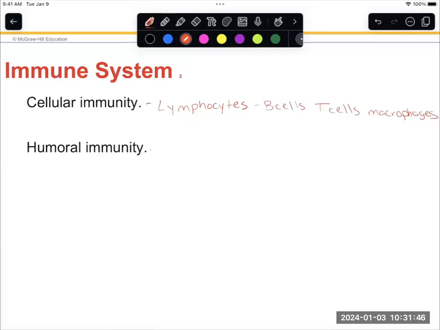Humoral immunity is that production of antibodies, which are going to bind to antigens, inactivating them and preparing them for destruction. Those antibodies are also known as those immunoglobulins. Those immunoglobulins also are preparing those antigens for destruction.